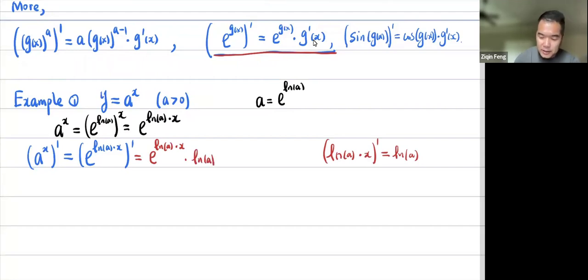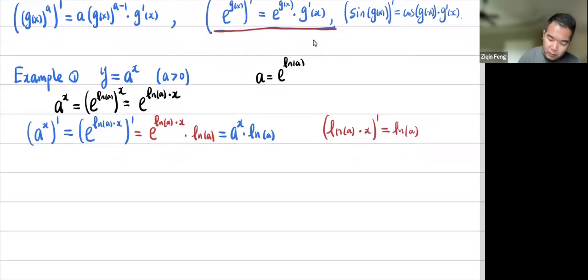And we know that e to the power natural log of a times x is a to the x. So this is basically a to the x times natural log of a. So we get our general formula for the general exponential function: a to the x prime is, in general, equal to a to the x times natural log of a.